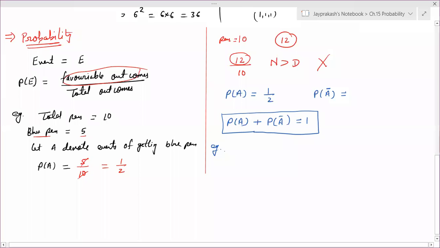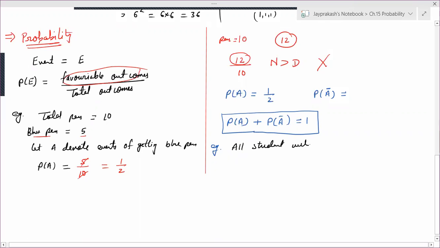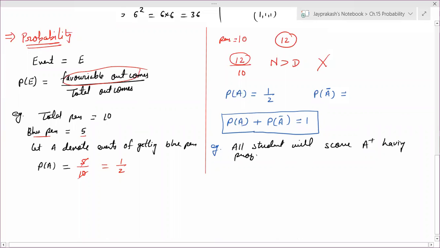Suppose that it is given that a student will score A plus, having probability 0.75.